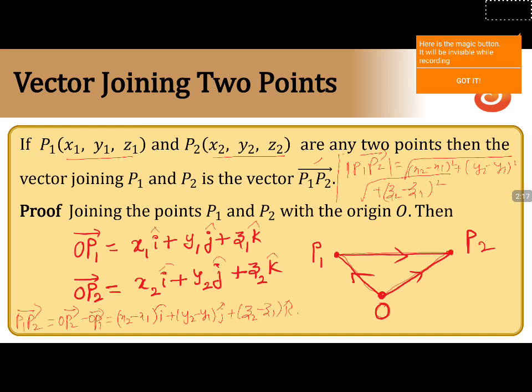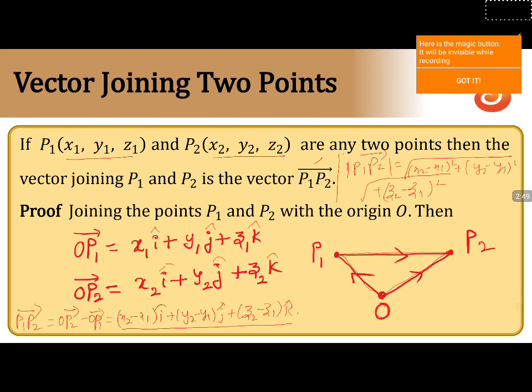So OP2 is x2 i cap plus y2 j cap plus z2 k cap minus (x1 i cap plus y1 j cap plus z1 k cap). If you subtract OP1 from OP2, we'll get (x2 minus x1) i cap plus (y2 minus y1) j cap plus (z2 minus z1) k cap.